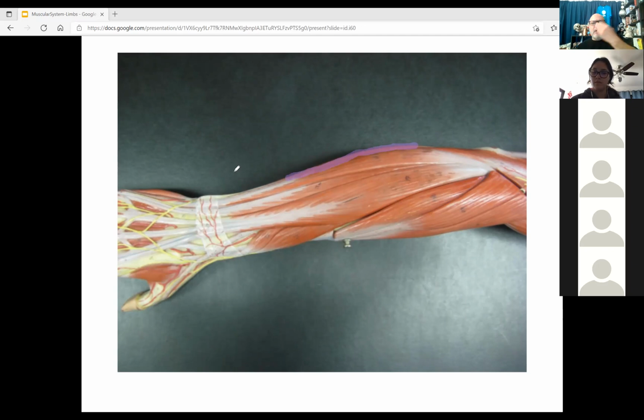Here we are on the back side of the hand, but on the back side of the forearm, there's a belly that starts on the posterior side. However, do we determine its function by where the belly is? No, we determine its function by where its tendon goes.